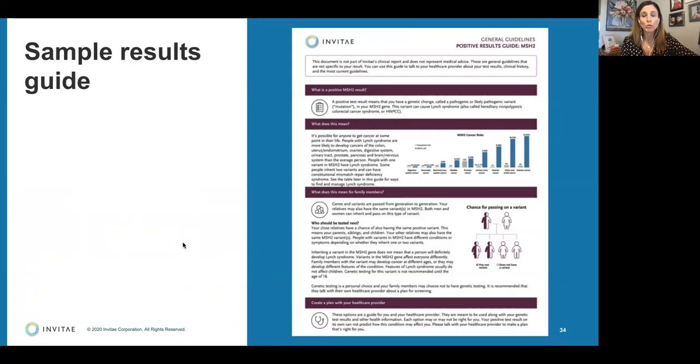And then a lot of laboratories now are providing additional guide reports.